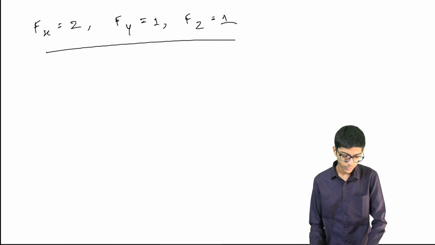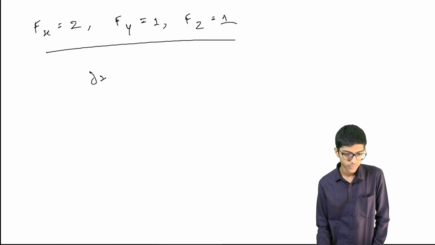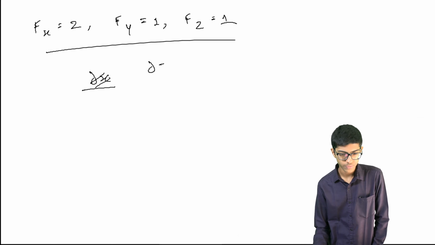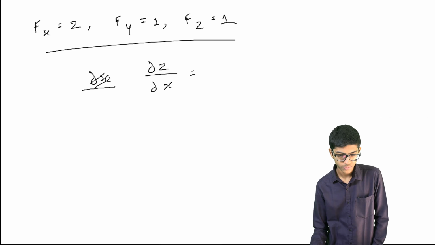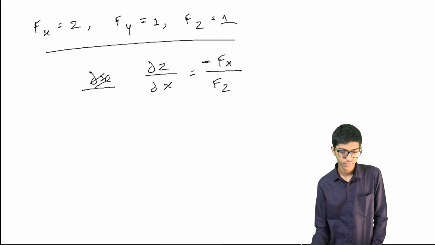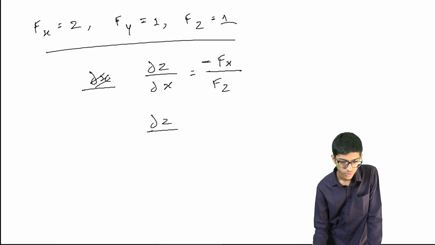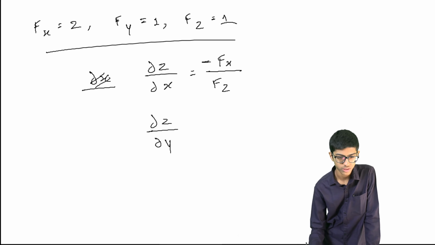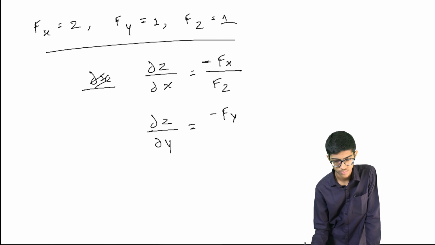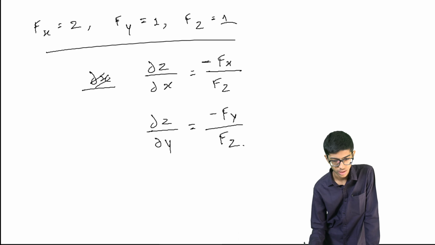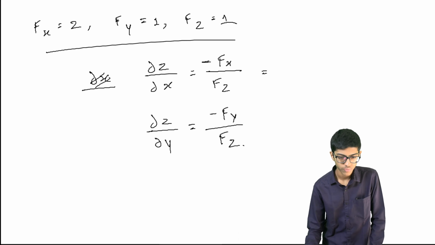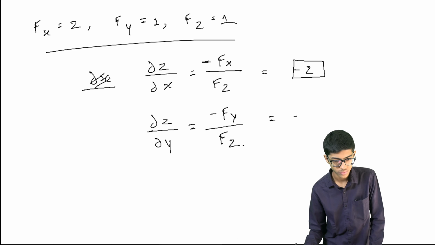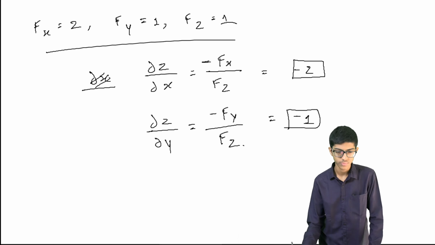Now in order to find the partial derivatives, we have the formula. For example, for this part, and with the partial derivative of z with respect to y, we have minus fy by fz. This we can equate by substituting the values. We have minus 2 and minus 1 here.